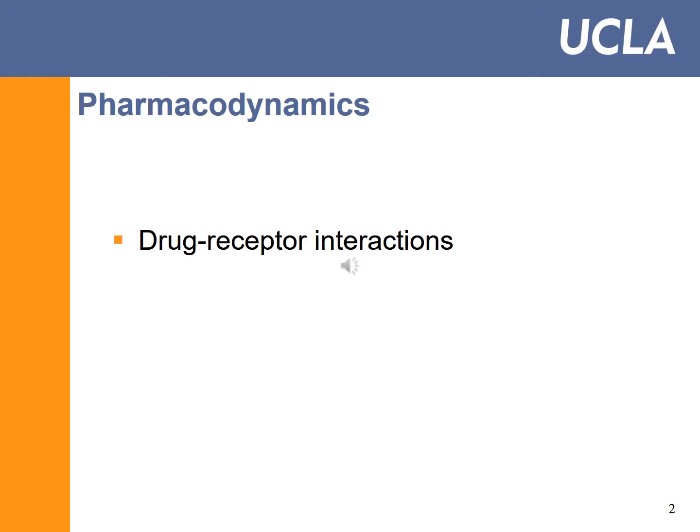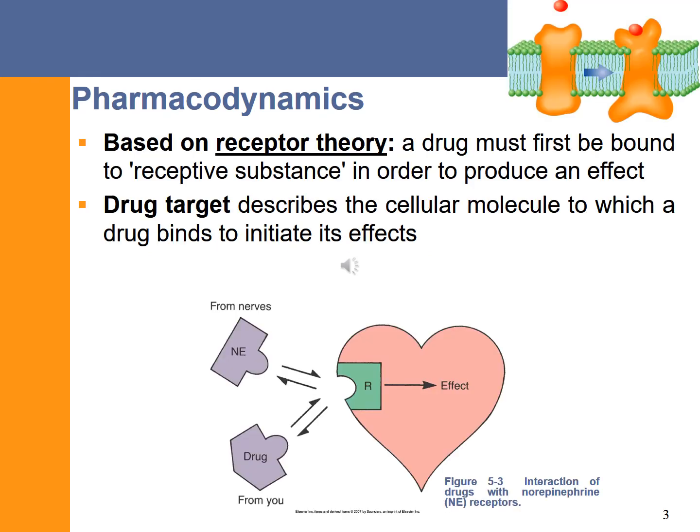So first we are going to talk about drug-receptor interaction, because the common way that drugs interact with the body is by interacting with a receptor. So first let's talk about the receptor theory, which says that a drug must first bind to a receptive substance in order to produce an effect.